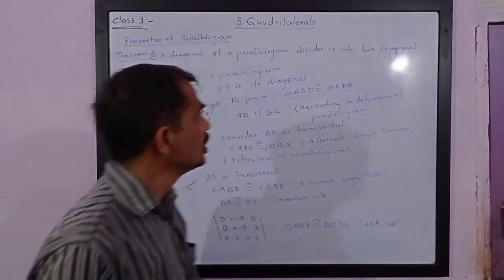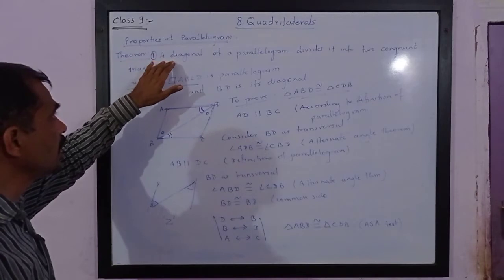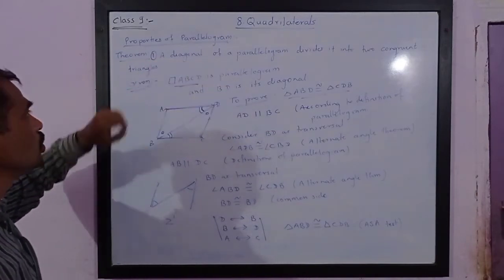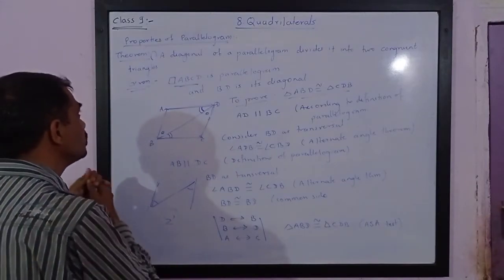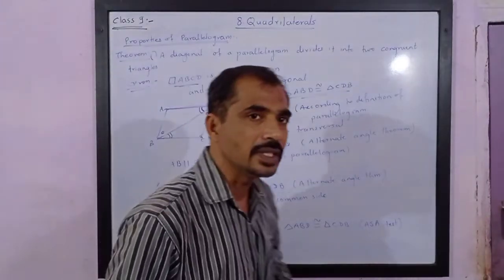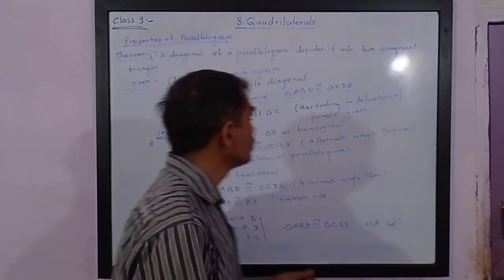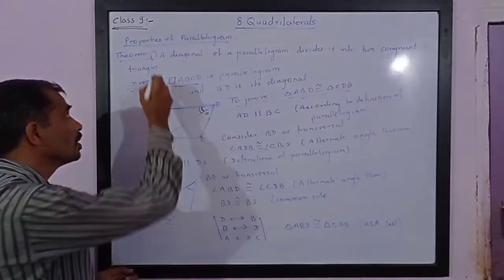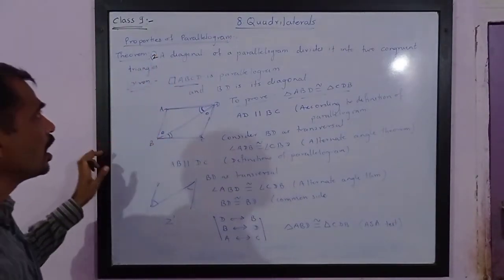Dear friends, we are studying the first property, and we have studied that a diagonal of a parallelogram divides it into two congruent triangles. Now, the second property is that opposite sides of a parallelogram are equal.